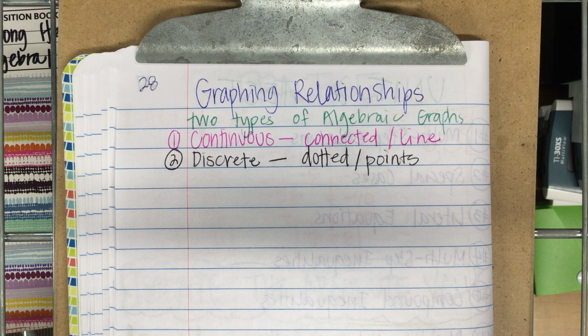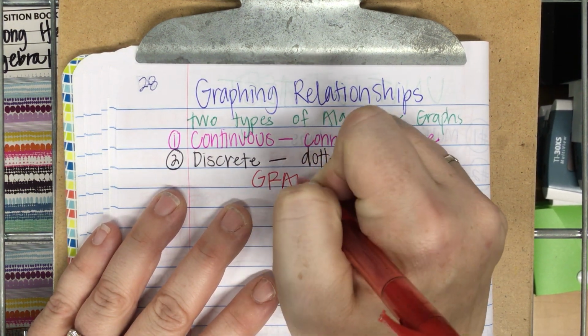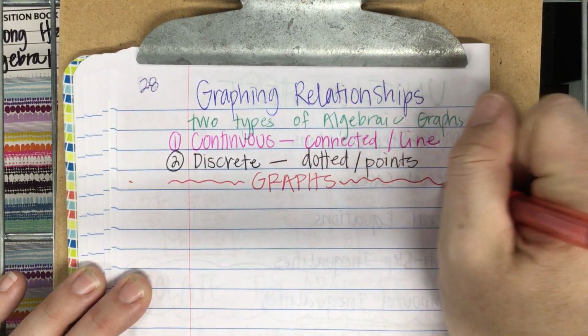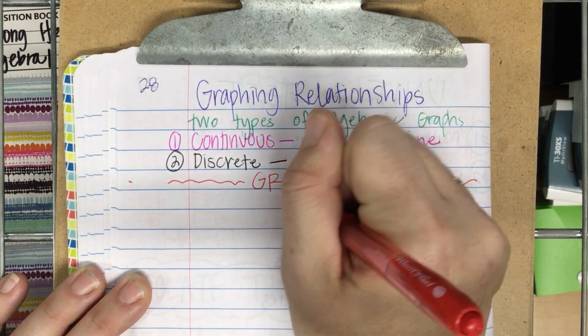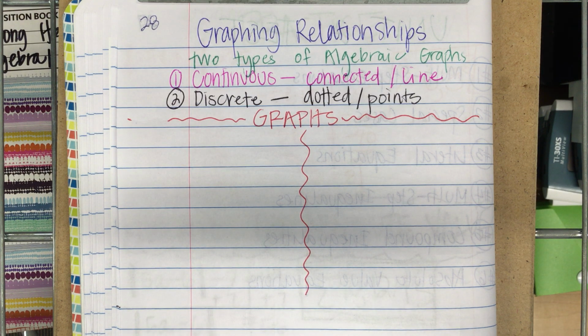We have to be able to determine, is this continuous, connected, or discrete, dotted? There are two types of graphs. So let's talk examples. Let's do a few little examples.